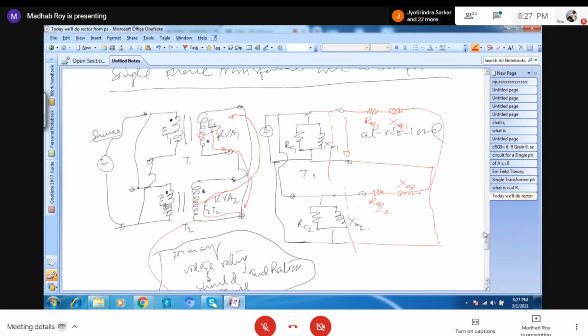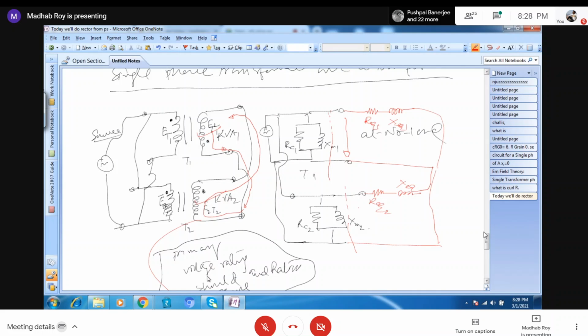So that is another condition you have to remember: the ratio of X equivalent by R equivalent should be the same. Remember, not the magnitude should be the same, their ratio should be the same. Otherwise, there will be a more complicated issue in sharing between the parallel transformers. But these are not essential; these are required.